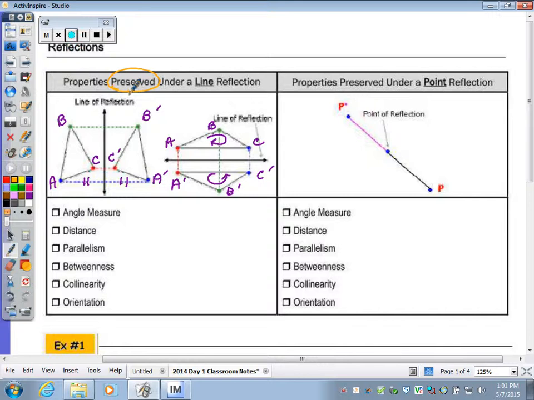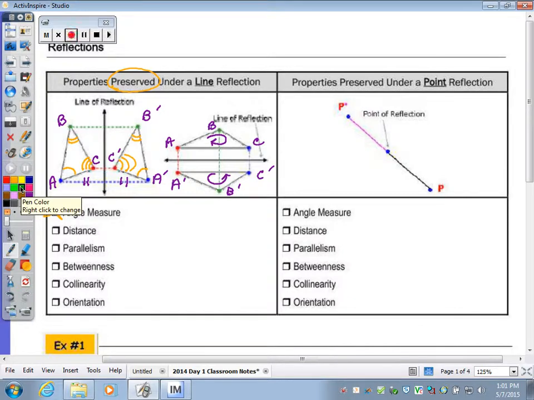So within that checklist, the first one is angle measure. In these two triangles, is angle A congruent to A prime? Yes. B is congruent to B prime, and C is congruent to angle C prime. So angle measure is preserved.